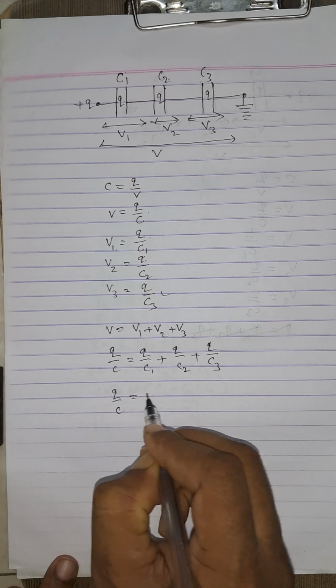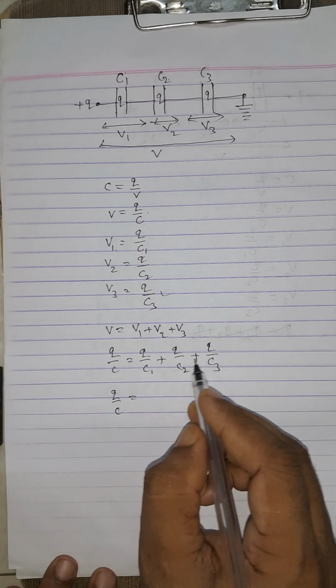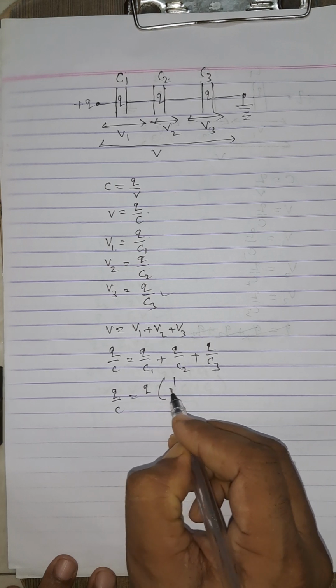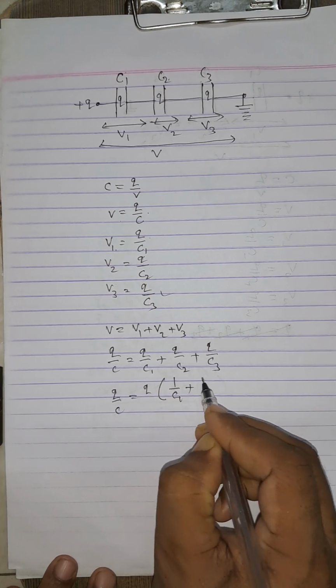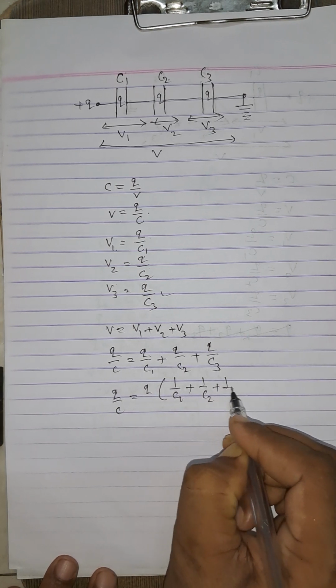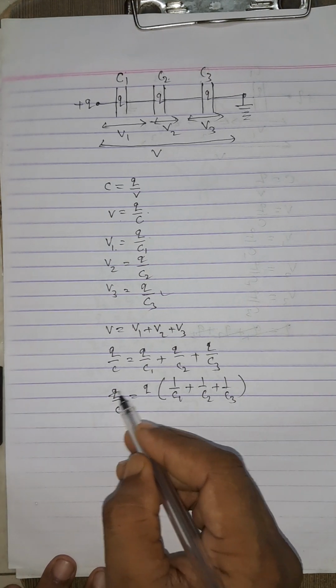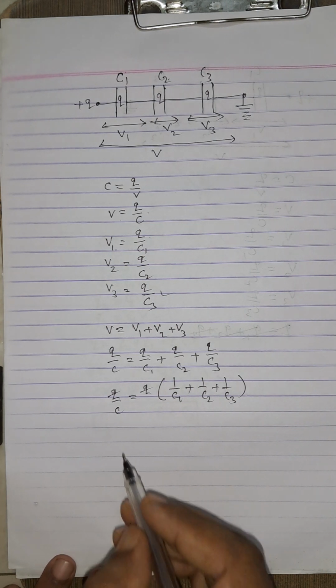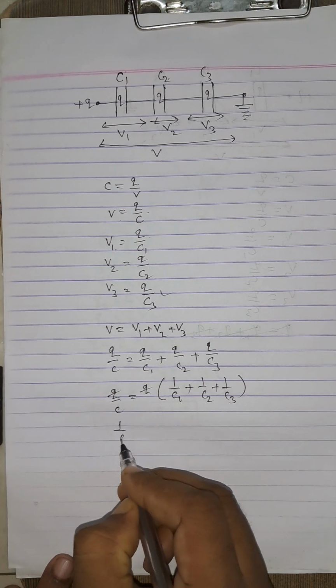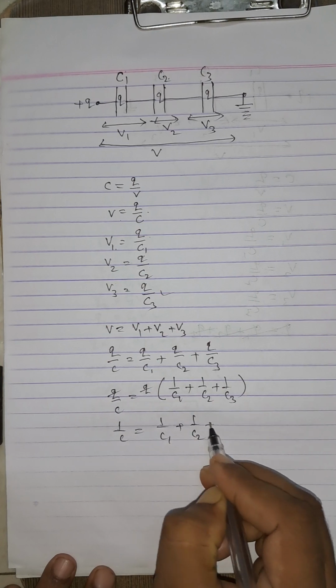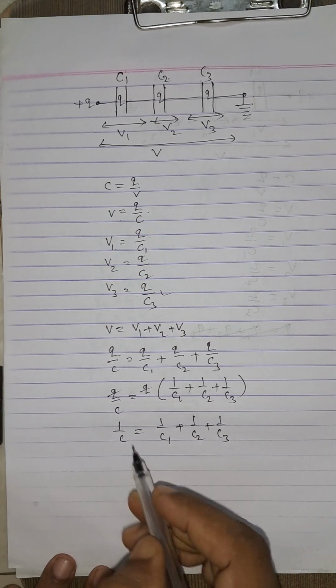Take Q common from each term. Then 1 upon C1 plus 1 upon C2 plus 1 upon C3 is left inside the bracket. This Q and this Q cancel out. Now 1 upon C equals 1 upon C1 plus 1 upon C2 plus 1 upon C3.